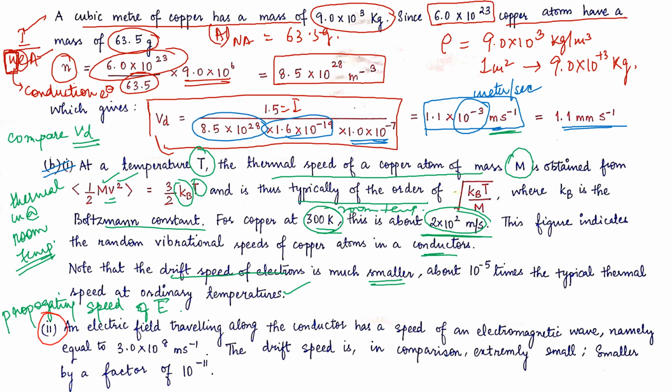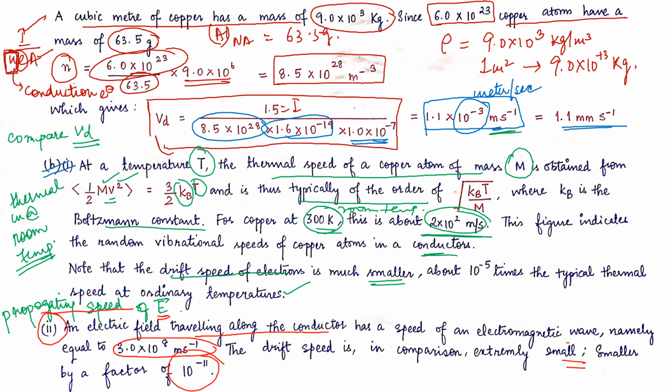Now the second, the propagating speed of our electric field. An electric field traveling along the conductor has the speed of an electromagnetic wave, namely 3 into 10 to the power 8 meter per second. Drift speed is in comparison extremely small, smaller by a factor of 10 to the power 11.